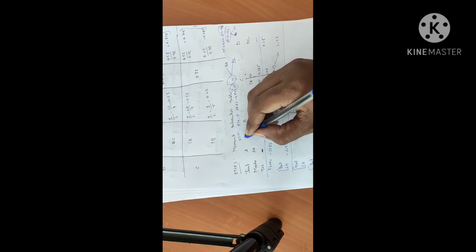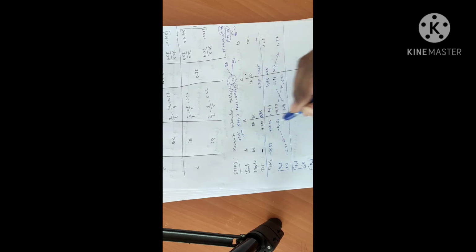To balance it, you need to apply minus 3.91 and distribute for BA and BC according to the distribution factor. If you multiply minus 3.91 with 2.85, you will have minus 1.12 and minus 2.79.